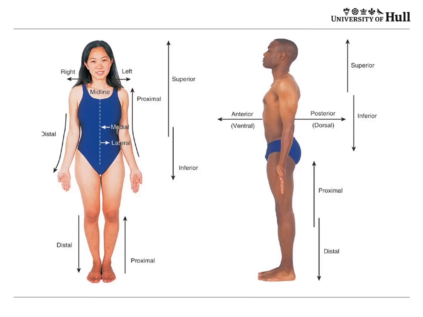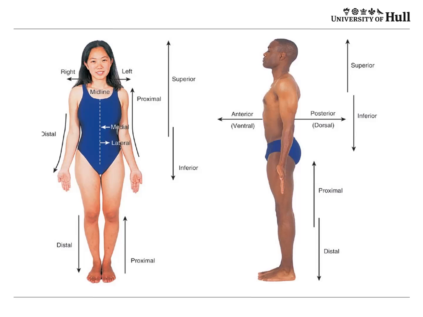Something that's proximal is closer to the midline of the body than something that is distal. Therefore, the shoulder is more proximal than the wrist. The knee is more proximal than the foot, and vice versa for distal.